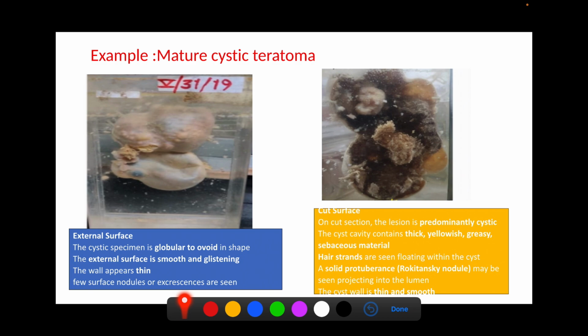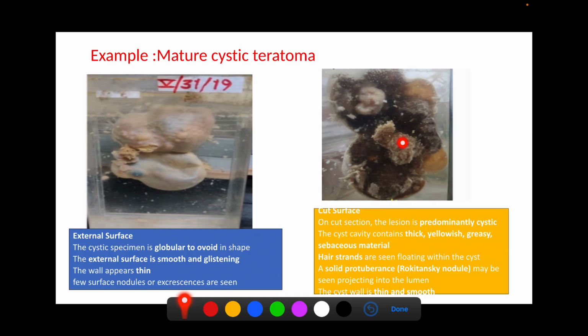Now you turn the specimen and you can describe the cut surface, whatever you see. Here the cystic structure on cut section shows a predominantly cystic area.